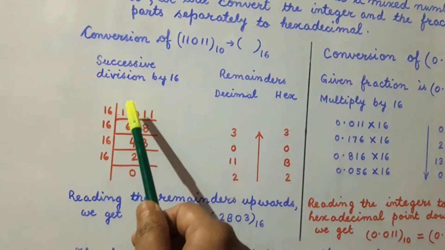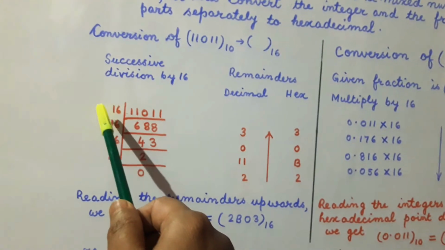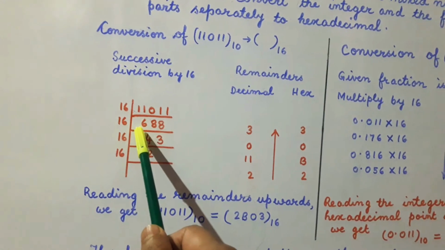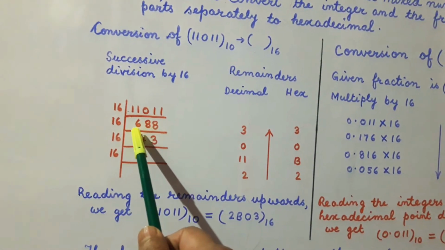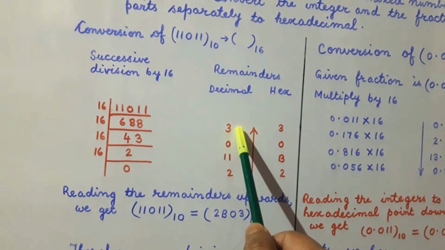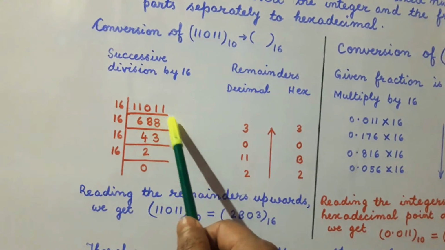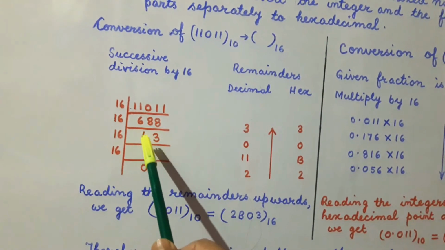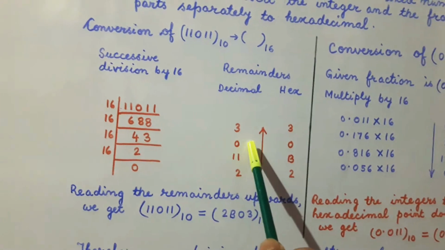So we find that when we divided 11011 by 16, the quotient will be 688 and the remainder will be 3. Similarly, if we divide 688 by 16, the quotient will be 43 and the remainder will be 0.